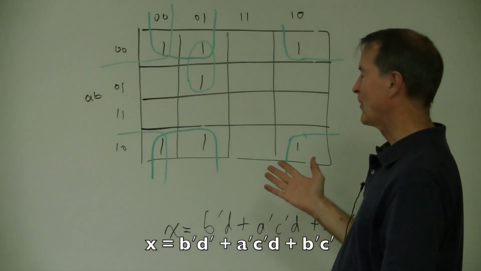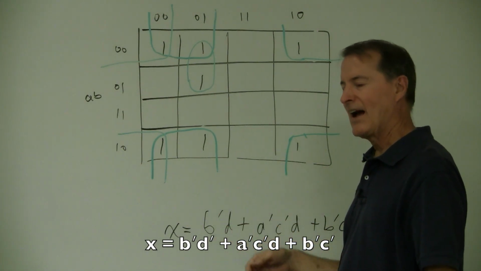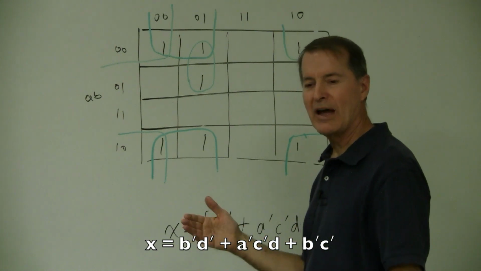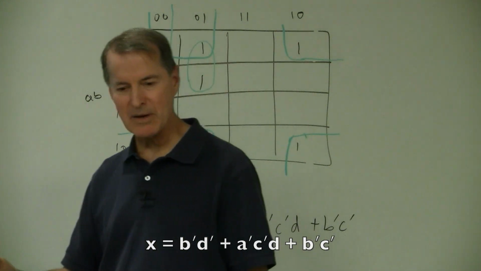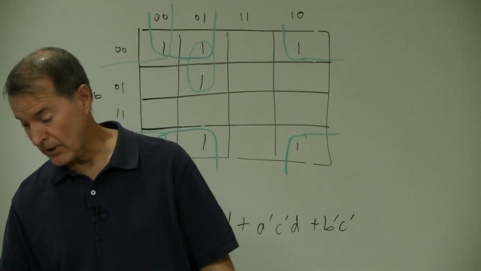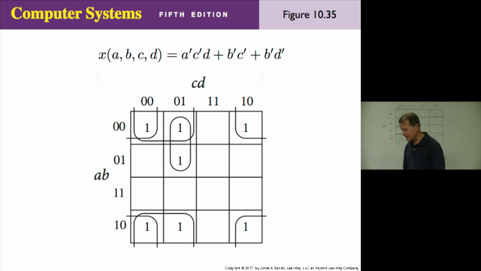To be completely sure, we would have to do that, but that takes kind of a long time, and so frequently I'll just say minimize the AND OR. But you need to know how to do the other one also. Does everybody see how that works? Did we do it right? There's the figure 10.35. Okay, good deal.